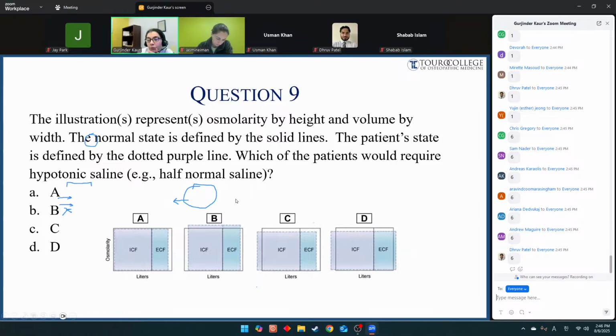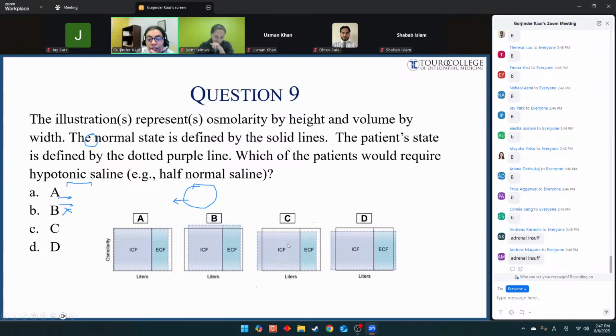Which of the patients would require hypotonic saline out of these? Beautiful. And what is this clinical scenario, the C?